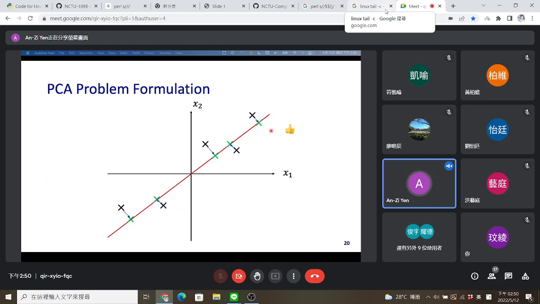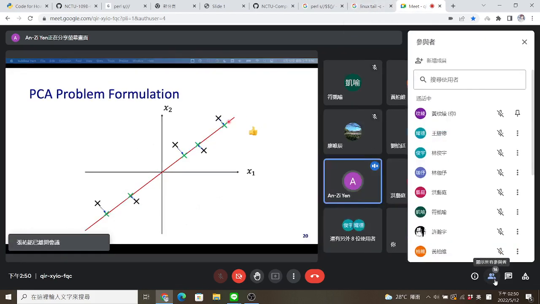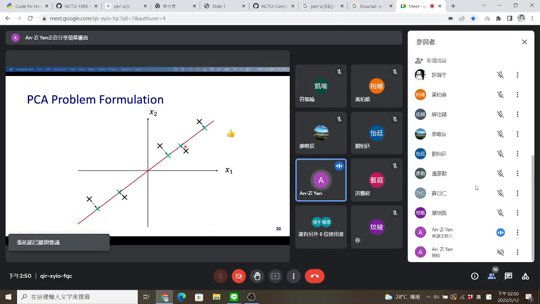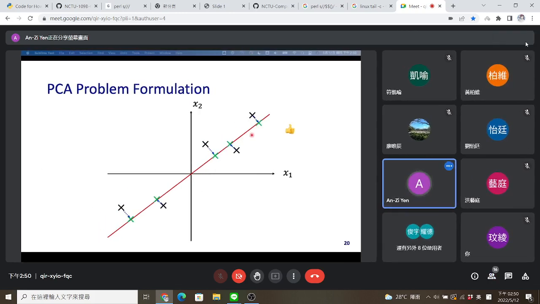So what PCA does formally is to try to find a lower dimensional surface, in this case a line, onto which to project the data.